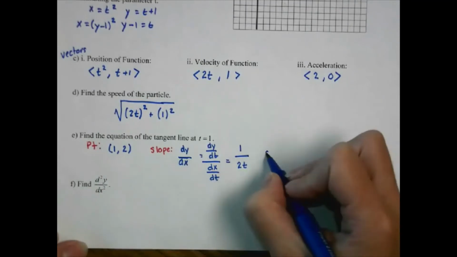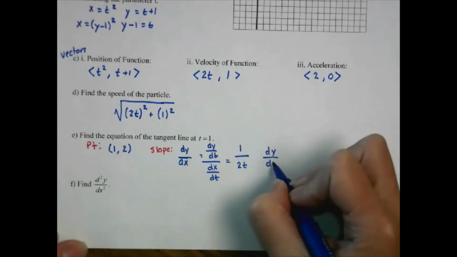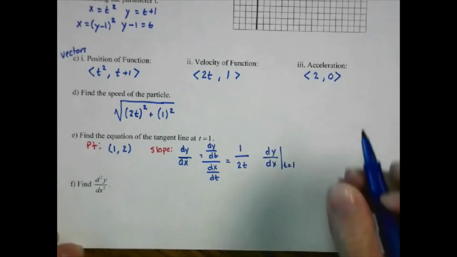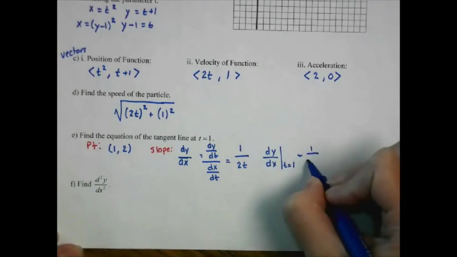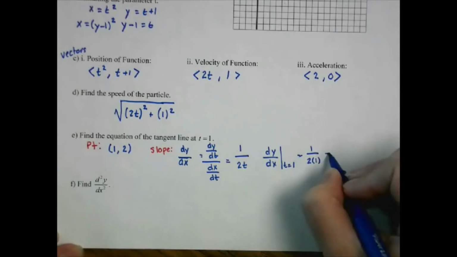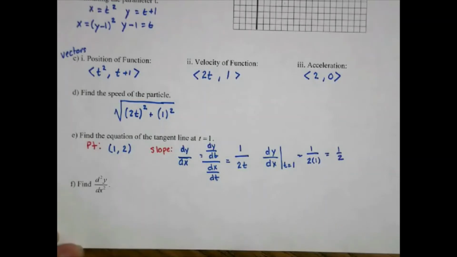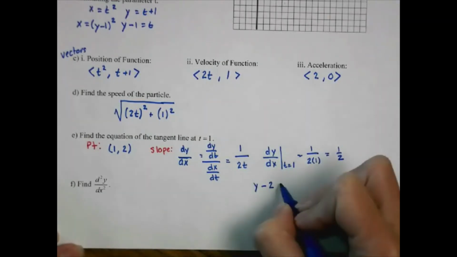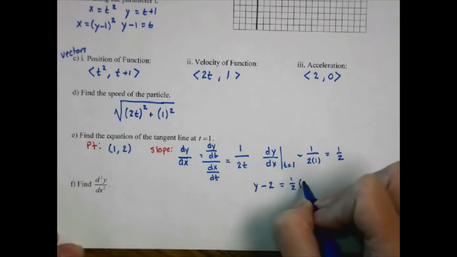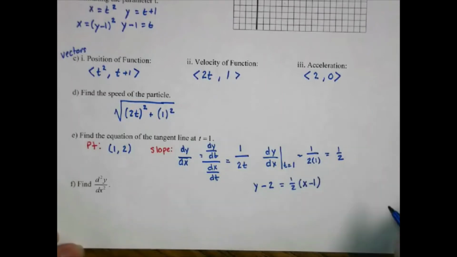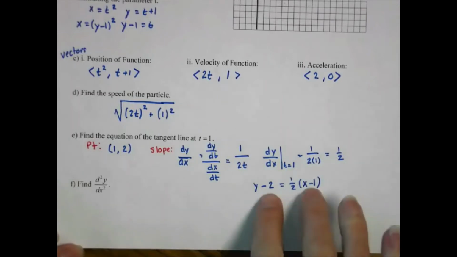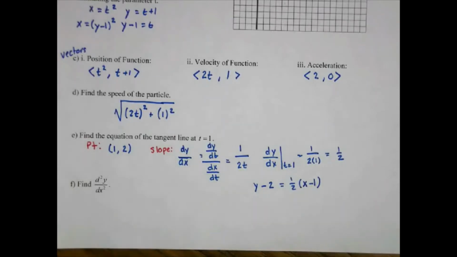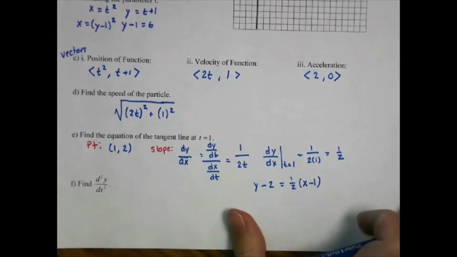And then we want this at t equals 1. So that's going to be 1 over 2 times 1, or 1/2. So then my equation is going to be y minus 2 equals 1/2 times x minus 1. We'll put in our point and our slope, and we can leave it just like that.